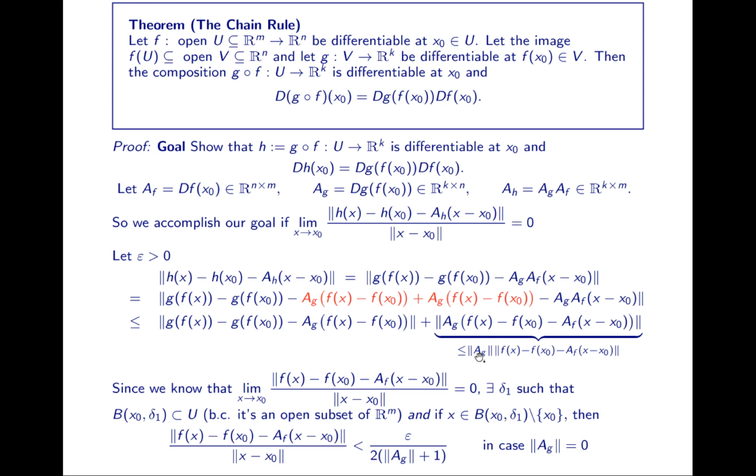This norm of Ag will cancel with this, and I'll get epsilon over 2, and I call it a day. Well, because the norm of Ag might be 0. It could be that the derivative is 0 when I take the derivative of g at f of x naught, and that's what this matrix is. So just in case this is 0, this prevents me from having to divide by 0, which not even Chuck Norris can do.